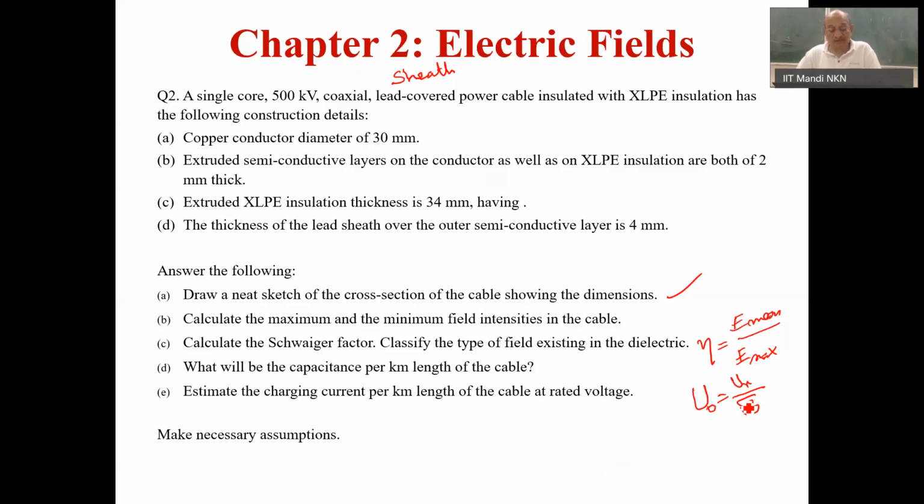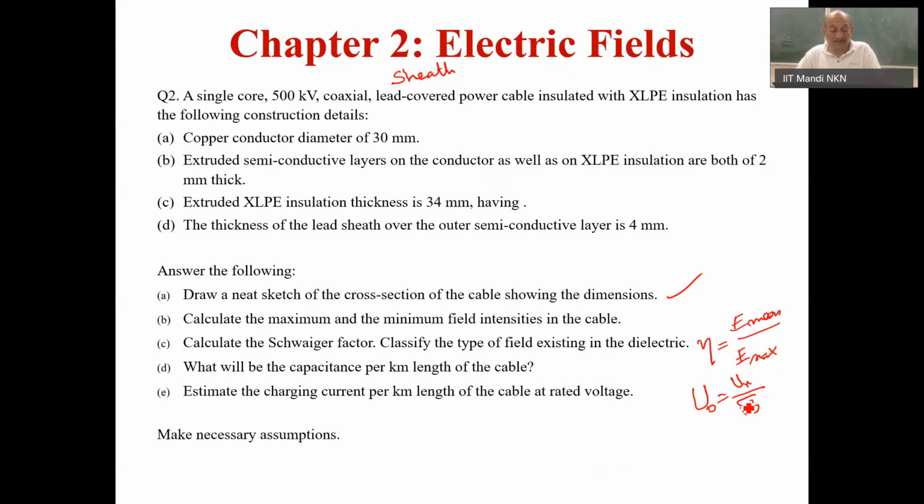So the charging current will be omega C U. Omega is the frequency in radian, that is 2 pi f, and the capacitance you have already calculated, multiplied by the voltage across.